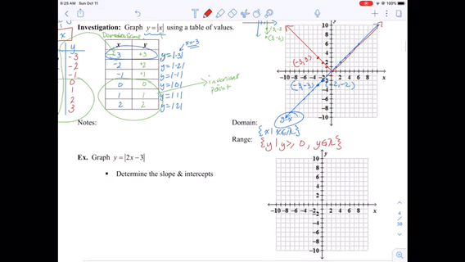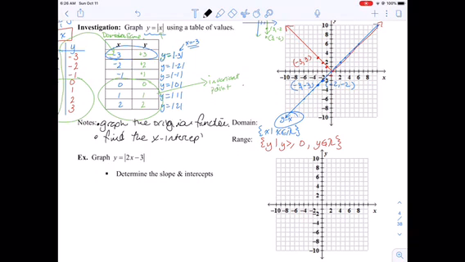So in order to graph this function of y equals absolute value of x, the first thing we're going to do is graph the original function. Then we find the x-intercept.